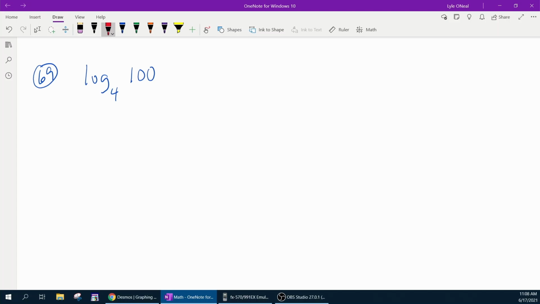So how does the change of base formula work? Well, it starts with a fraction. And for common logarithms, it's going to be log of what you're taking the log of on top. And in the bottom is log of the base. Now, notice I didn't put a base on these logs, so that's understood to be 10.